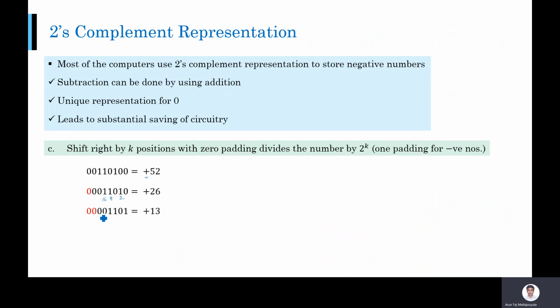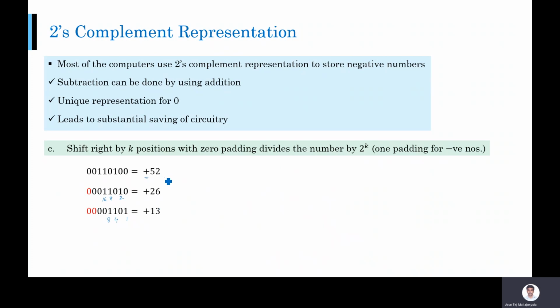If I shift again by one more position to the right, so what do I get? 1 plus 4 plus 8, that is 13. So I have divided by another 2.